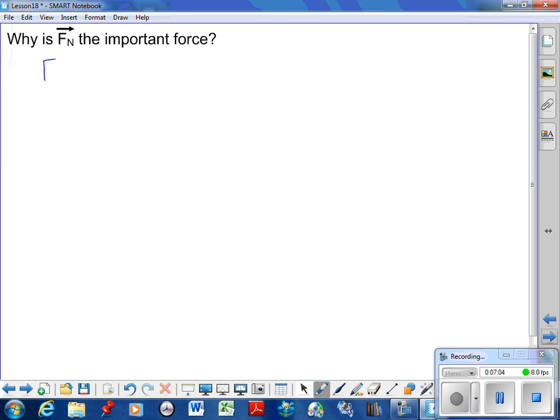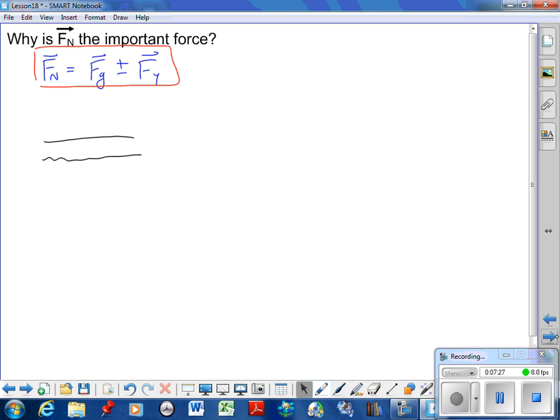So if you remember from before, this is a recall, normal force is equal to force due to gravity plus or minus the applied force in the y direction. So that's already on your formula sheet. I spent a significant amount of time on that. Very, very important. Well, if the interaction between two surfaces is dictated by the amount of normal force, how tough is it to pull the two surfaces together?